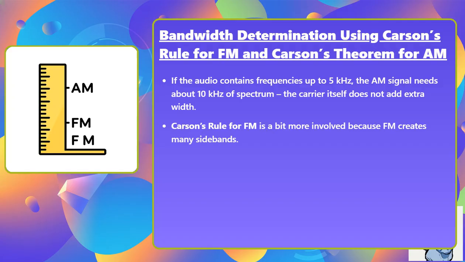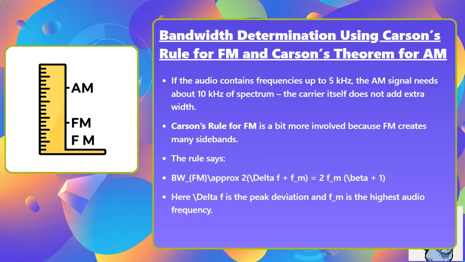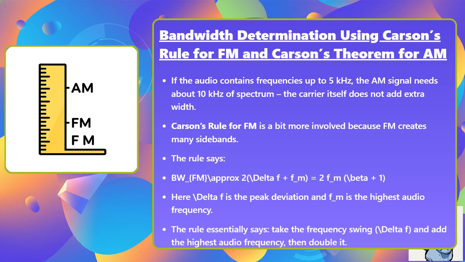Carson's rule for FM is a bit more involved because FM creates many sidebands. The rule says BW_FM ≈ 2(Δf + f_m) = 2 f_m (β + 1). Here Δf is the peak deviation and f_m is the highest audio frequency. The rule essentially says, take the frequency swing Δf and add the highest audio frequency, then double it.